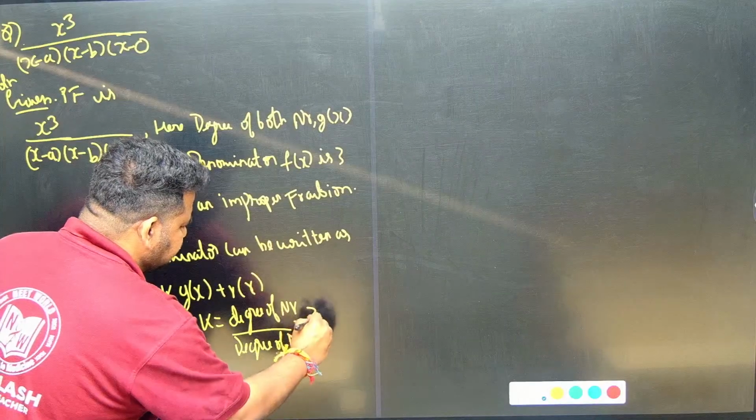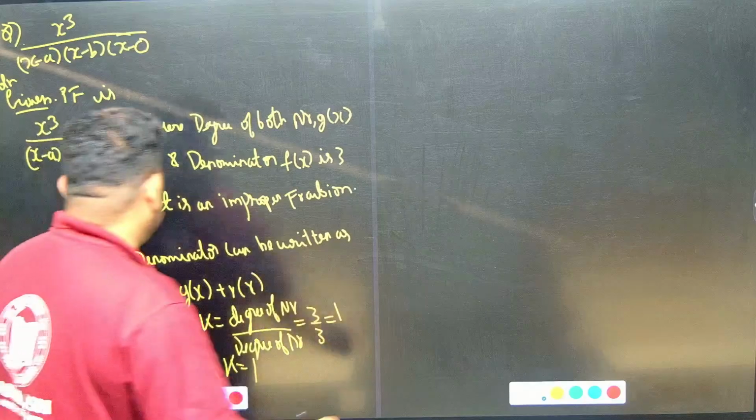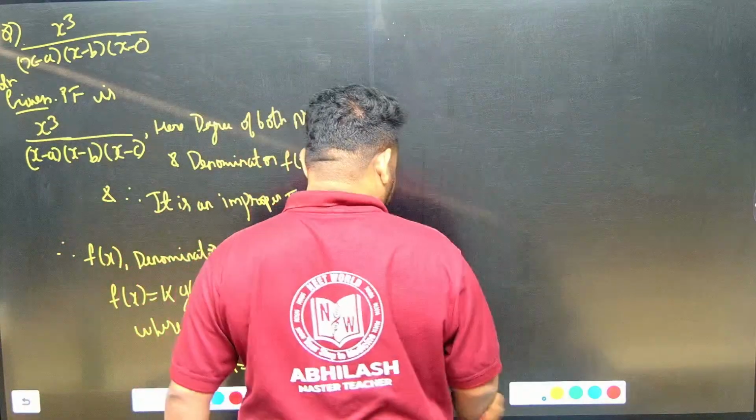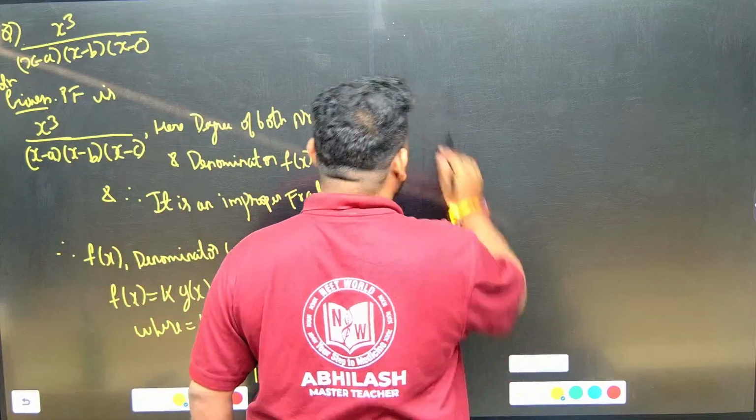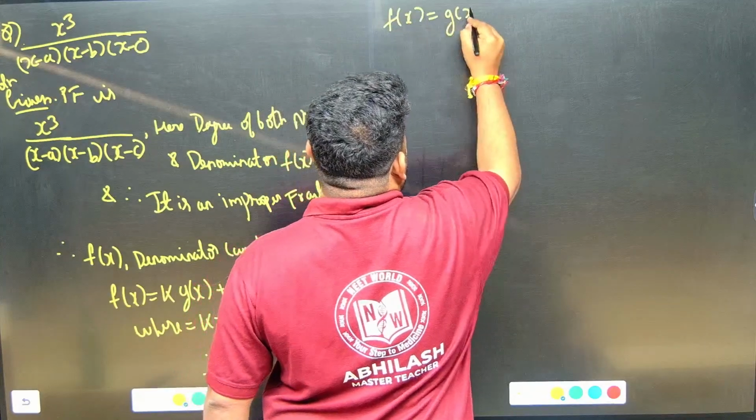Here in this case it is 3 by 3, so that is equal to 1. Therefore k is equal to 1. Therefore f of x can be written as g of x plus r of x.